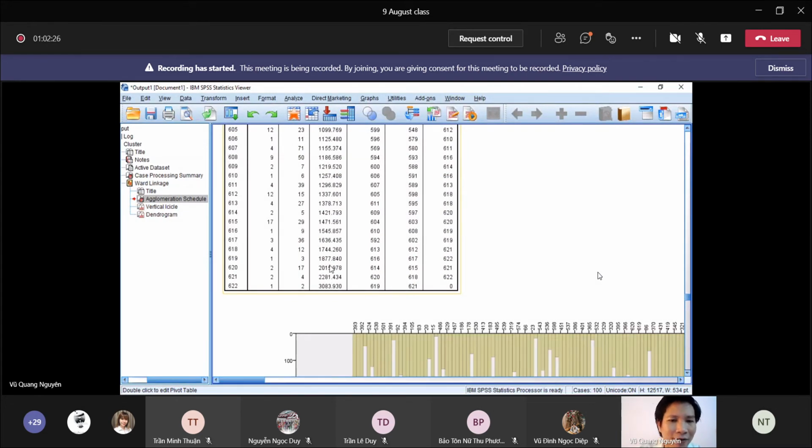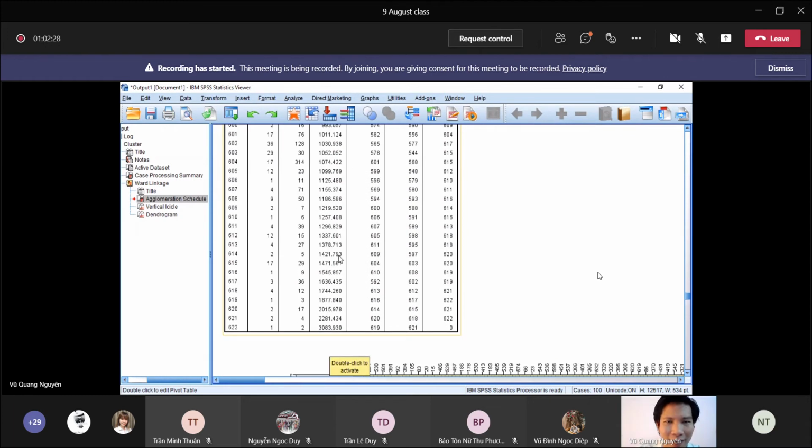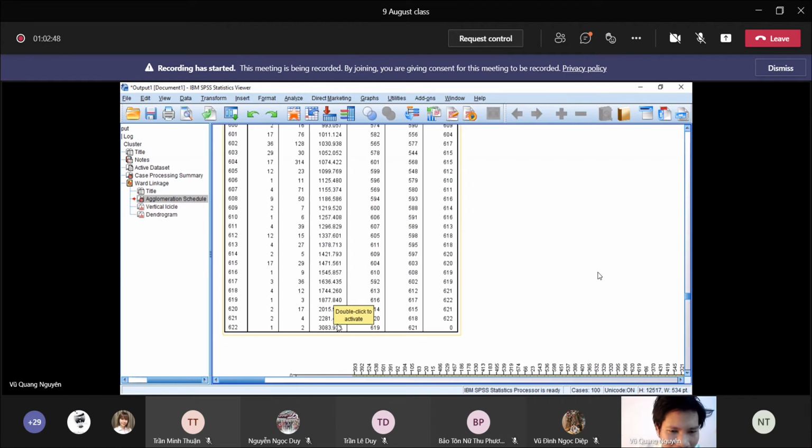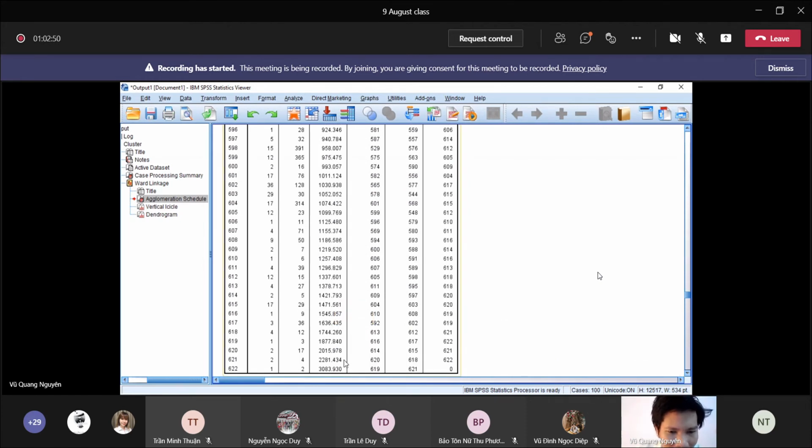Now, what are we looking for in this table? You are looking for the biggest jump in the coefficient. And you always go from the end of the table and go up. Look for the biggest jump in coefficient.